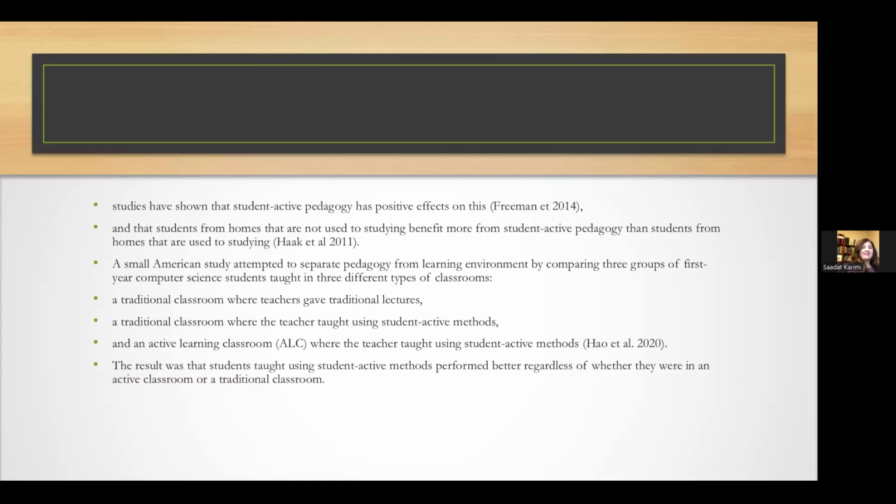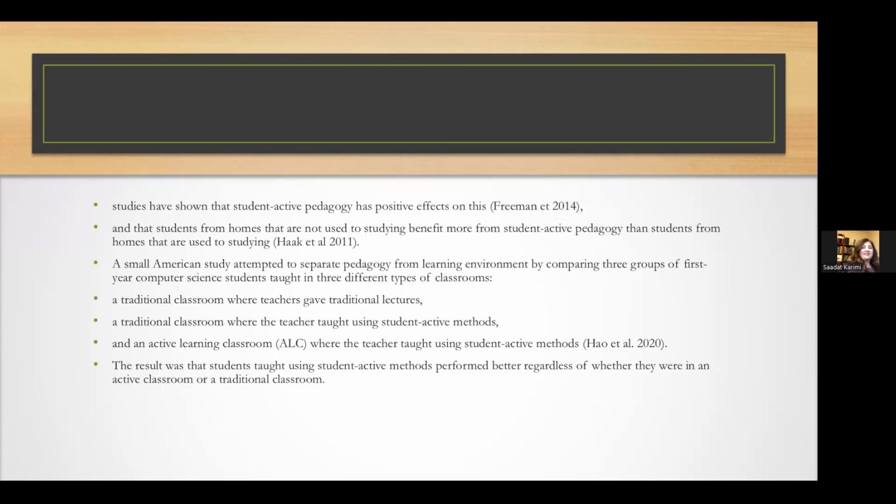That student active classrooms result in students getting better study results and increased engagement is not surprising, given that studies have shown that student active pedagogy has positive effects on this. And students from homes that are not used to studying benefit more from student active pedagogy than students from homes that are used to studying.